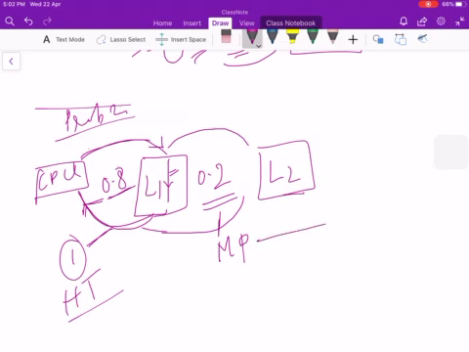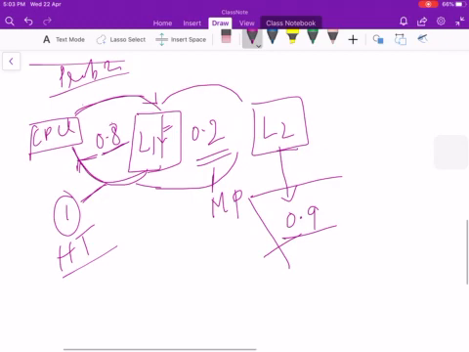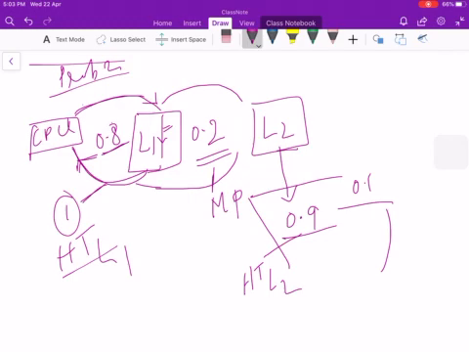Again, if you enlarge this miss penalty for L1, the hit rate for L2 happens to be 0.9, 90%. So 90% of the time it will be a hit for L2, and the remaining 0.1, or 10%, will be the miss penalty for L2.